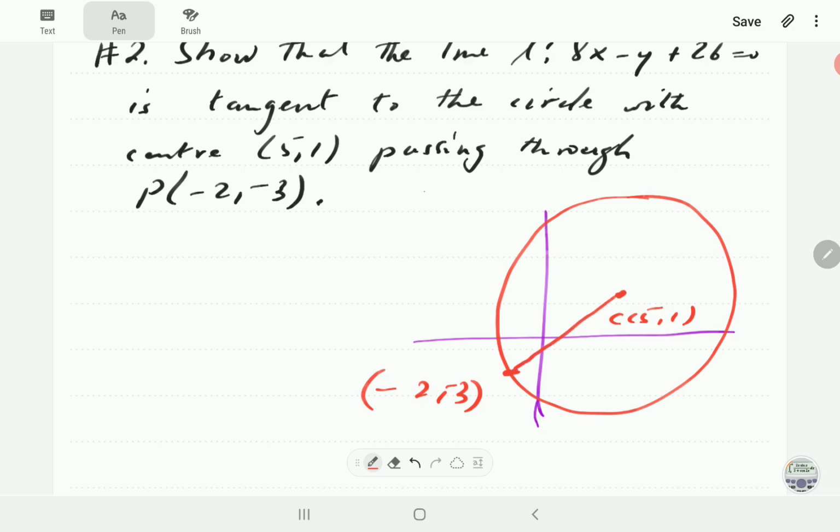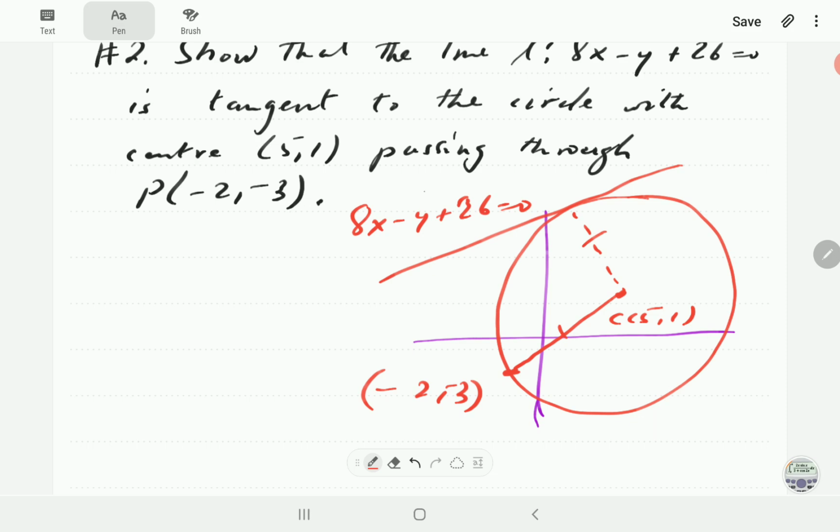Then we want to prove that the line 8x minus y plus 26 is a tangent to this circle. All we need to prove really is that this distance is equal to that distance there.